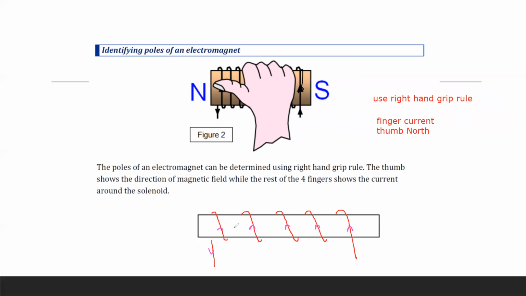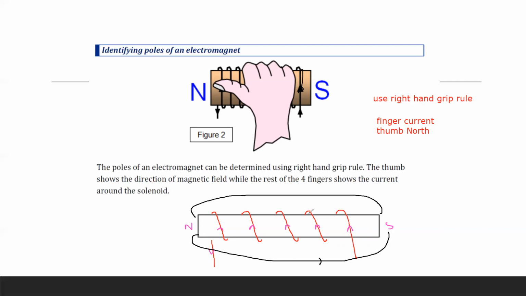So as you grip the wire with your fingers in the direction of the current, using the right hand rule, your thumb will point toward north. So the left hand side will be north and the right hand side will be south. And the magnetic field will point from north to south.